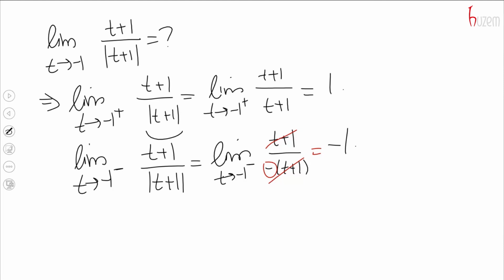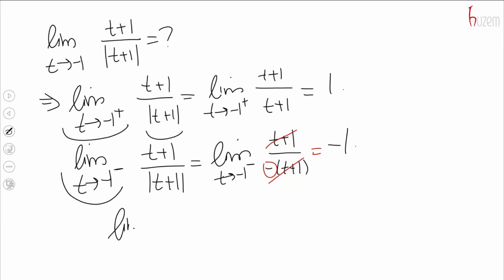Now what's our conclusion? We have the right limit at negative 1 and we have the left limit at negative 1, but they don't coincide, they don't match. Whenever we see that, we say, even if we have right and left limits, the limit does not exist.